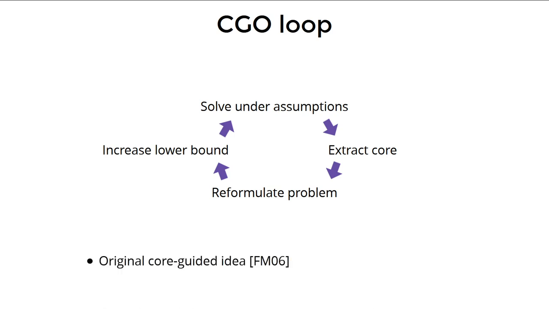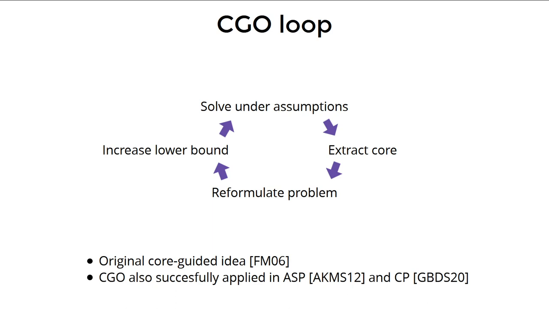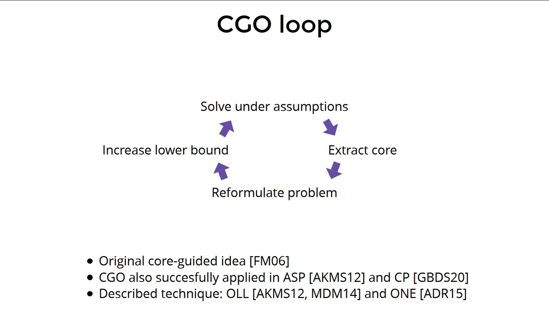The original core-guided work stems from the maximum satisfiability or MAXSAT domain, but it has been successfully applied to answer set programming and constraint programming as well. The example I'm about to present is based on the OLL and 1 method from MAXSAT and ASP.